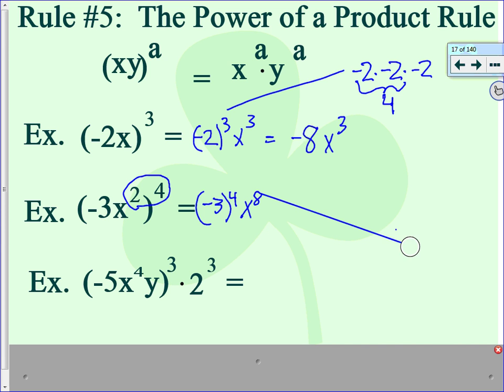Sorry, the iPad was like that. There we go. So, if you take a negative to the 4th power, does it stay negative? No, because you have a negative times a negative, which is a positive, and another negative times a negative, which is a positive, so that's a positive. All right, so what is negative 3 to the 4th power?